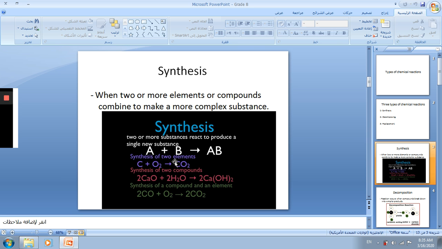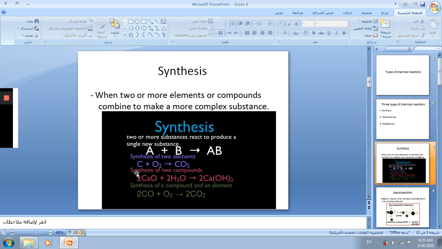Now, for synthesis, two elements like C and O2, you have CO2, synthesis reaction, building. We have two different atoms and they will build a chemical bond between each other.